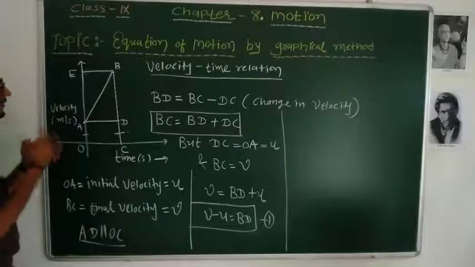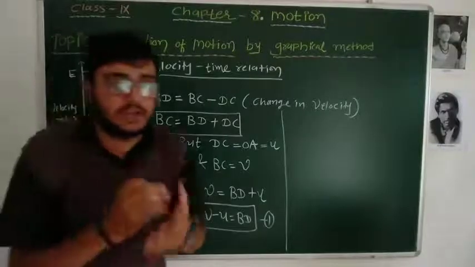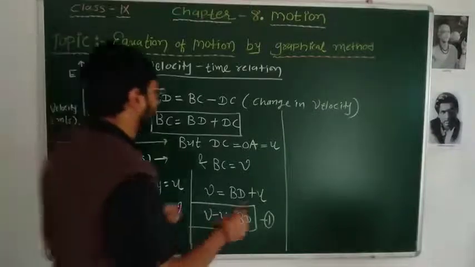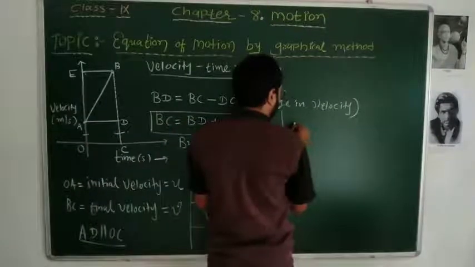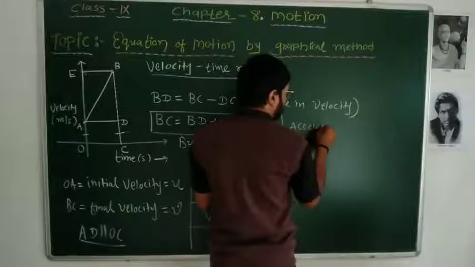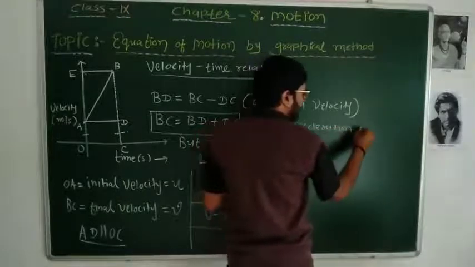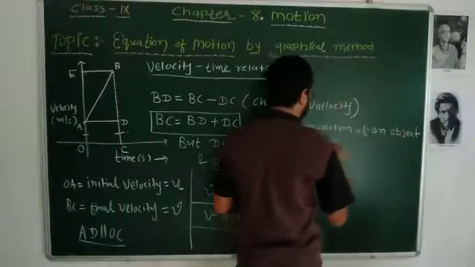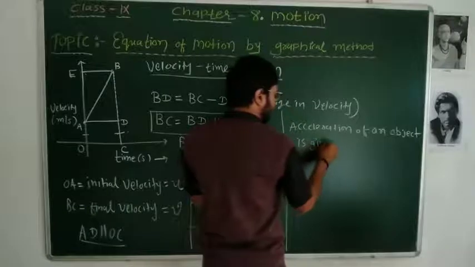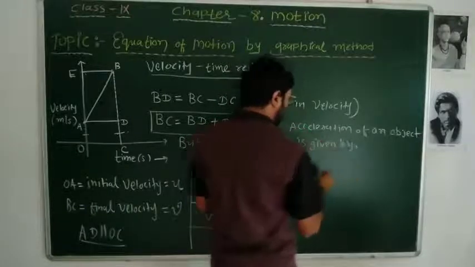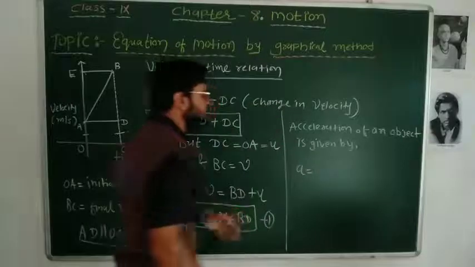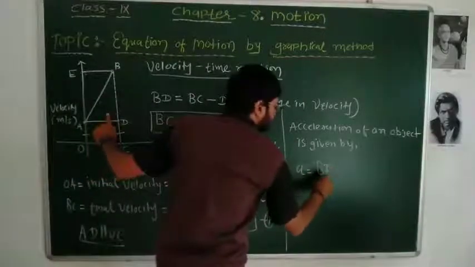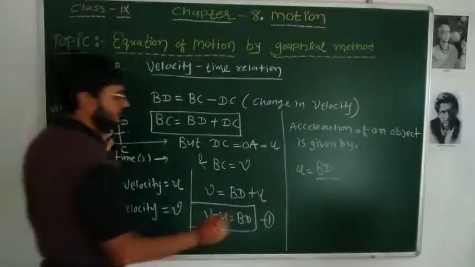Now we can define the acceleration of the object from this graph. The acceleration of an object is given by A is equal to BD by AD.